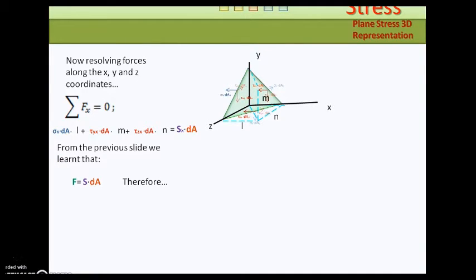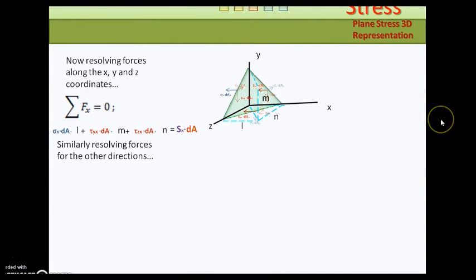And let's remember that the forces here are equal to the resultant stress S in the x direction multiplied by the surface area of the oblique face. Now we apply the same process to the other directions.